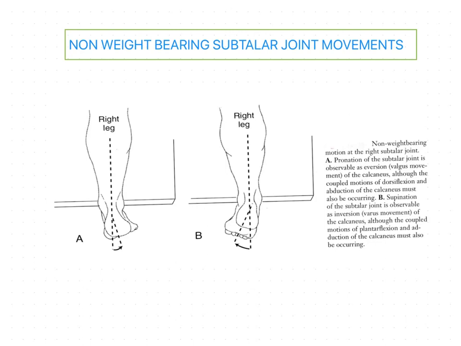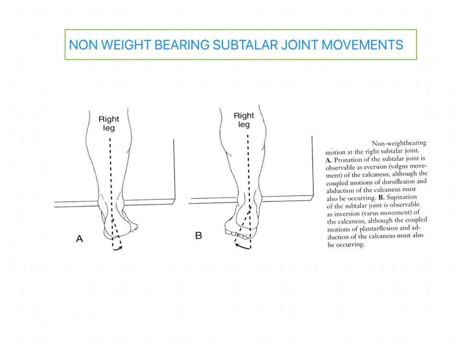That means supination and pronation are composite motions, and these motions cannot be separated in the subtalar joint movements. All of these combine together to form supination as well as pronation.